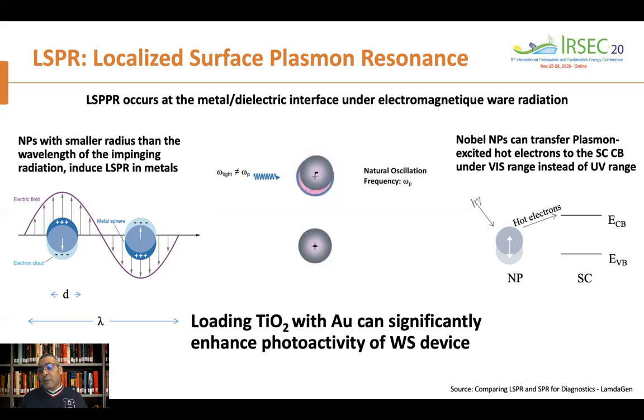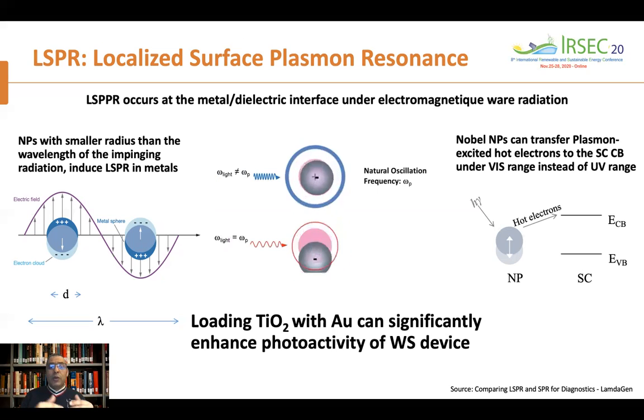And here we will have more lack of electrons to be the site of oxidation for the oxygen evolution reaction. So the LSPR will be providing these hot electrons to enhance the photocatalytic activity.